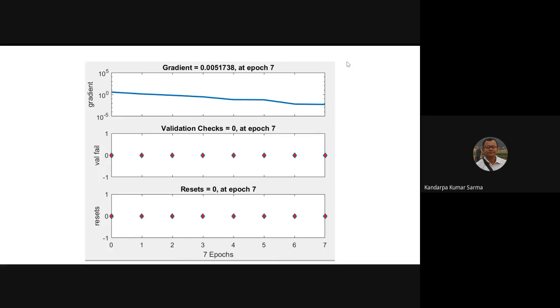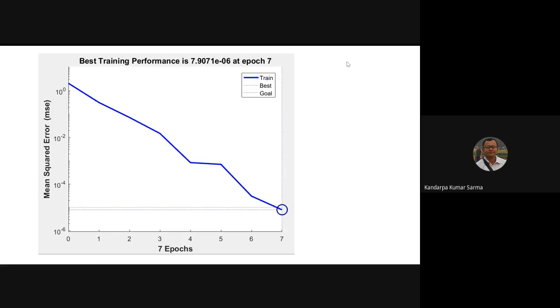Then we can also find the gradient values, the validation checks, and the resets at the end of the seven training cycles, or 7 epochs. So this is one of the methods that will give us better generalization.